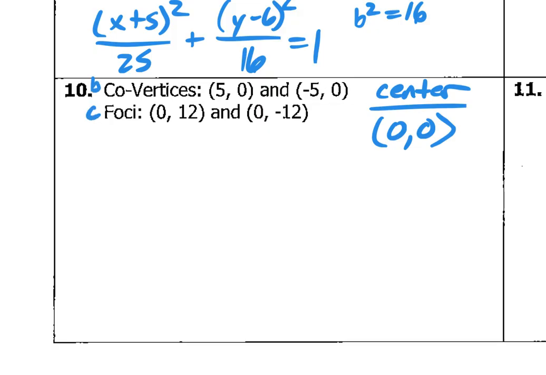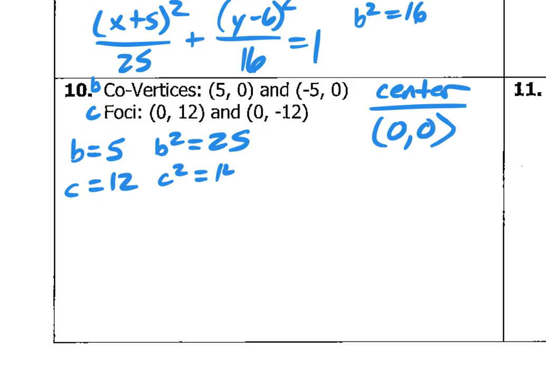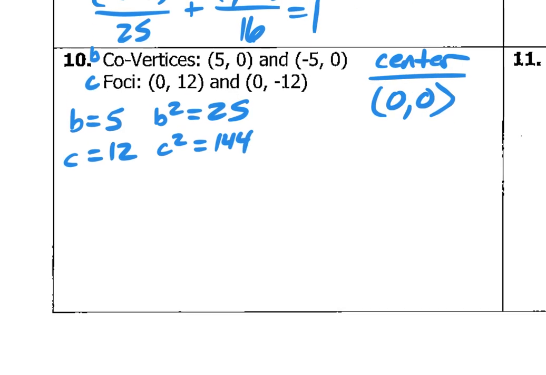So this time we're finding B and C. We don't know A. We'll have to find A. To move from 0, 0 to 5, 0, we know the B value is 5, which means B squared is 25. To move from 0, 0 to 0, 12, we're moving 12 units. So C squared would be 144.